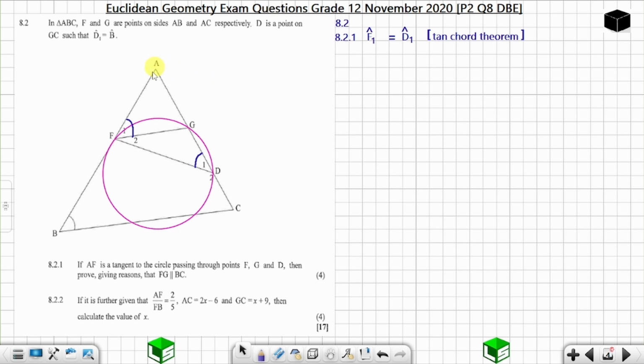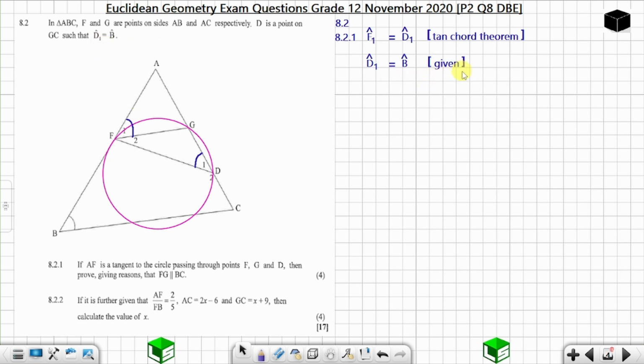You are also given angle D1 is equal to the angle B. You are given that, so this is the reason.